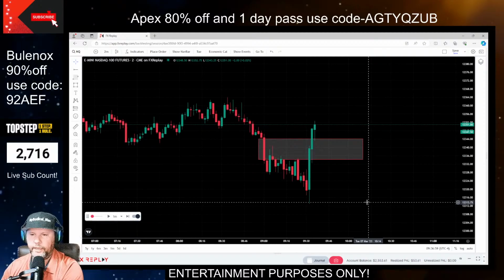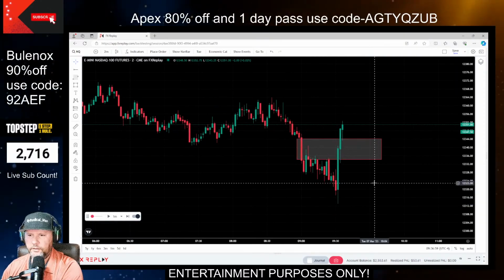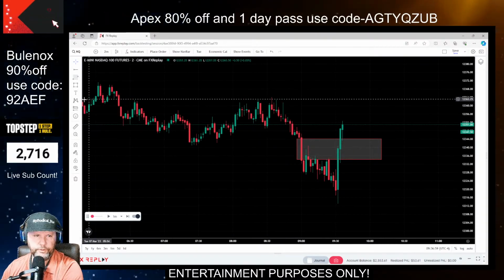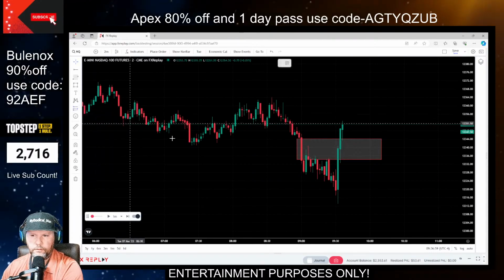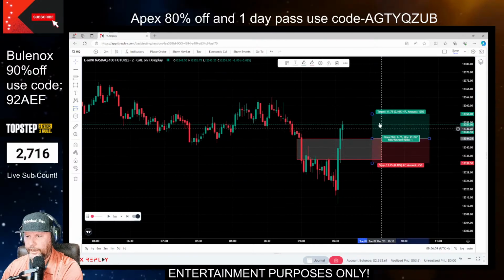I don't know. I don't hate it, but I don't love it that much either. We should have been in already. So this might be one of those where we wait for a pullback to reduce our risk since we're uncertain. So I think I'm going to put a limit order for a retest of the gap.